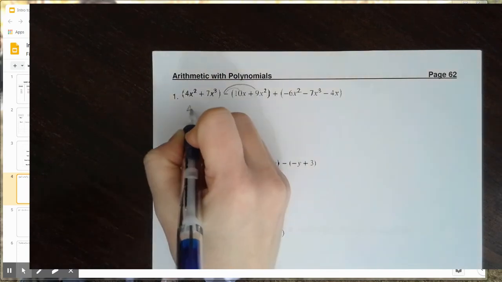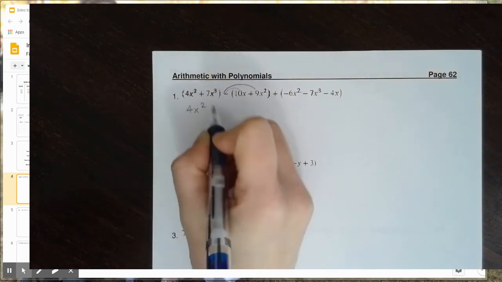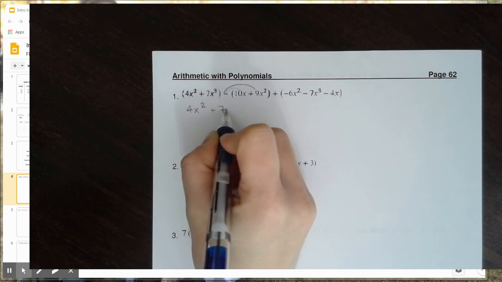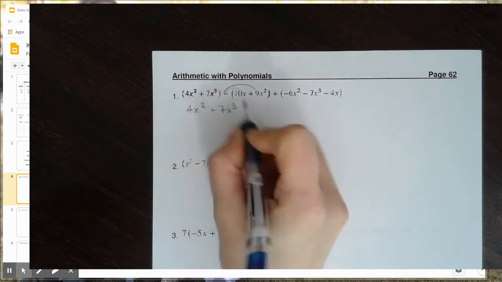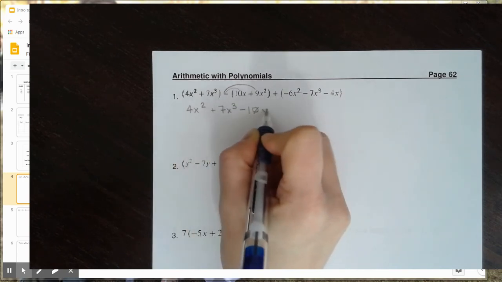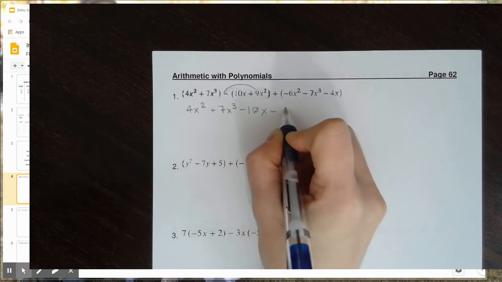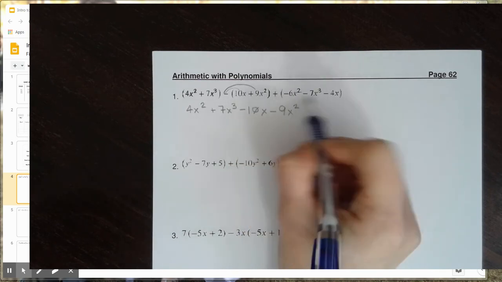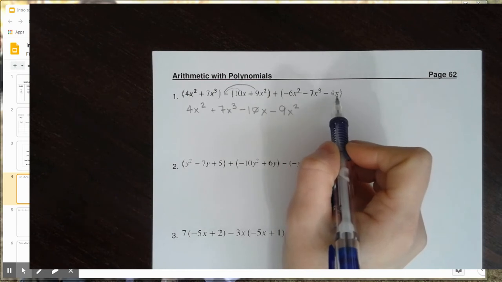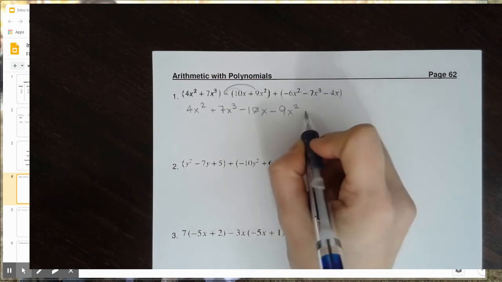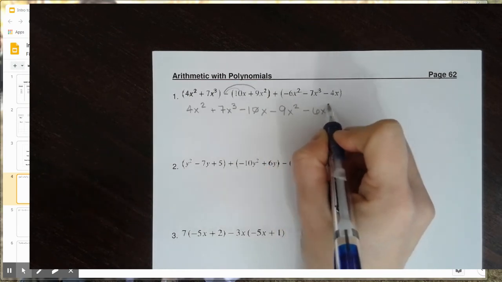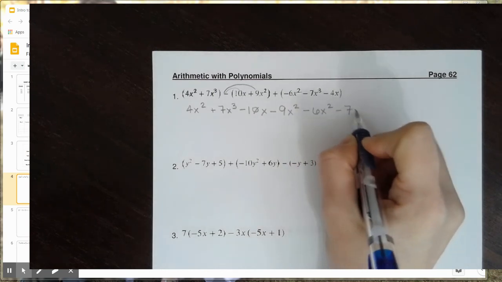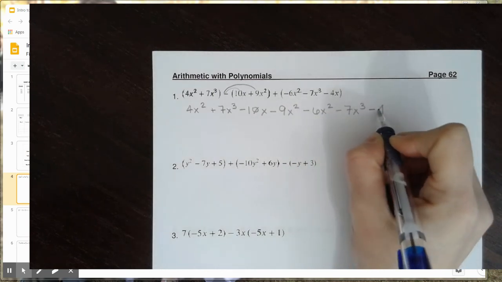So this would be 4x squared plus 7x cubed minus 10x minus 9x squared. And then since this is plus, everything in this third set of parentheses stays the same. So negative 6x squared minus 7x cubed minus 4x.